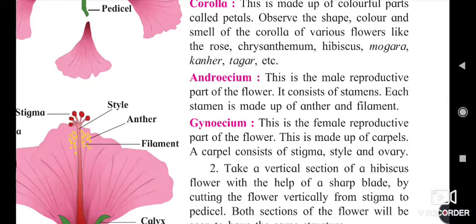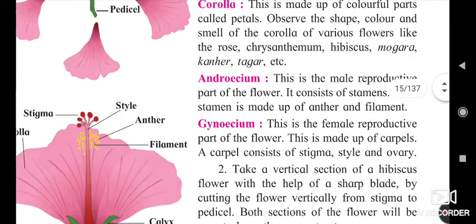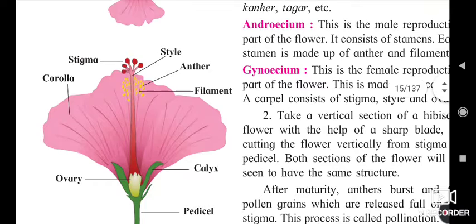Another is gynoecium. This is the female reproductive part of the flower. This is made up of carpels. A carpel consists of stigma, style, and ovary.